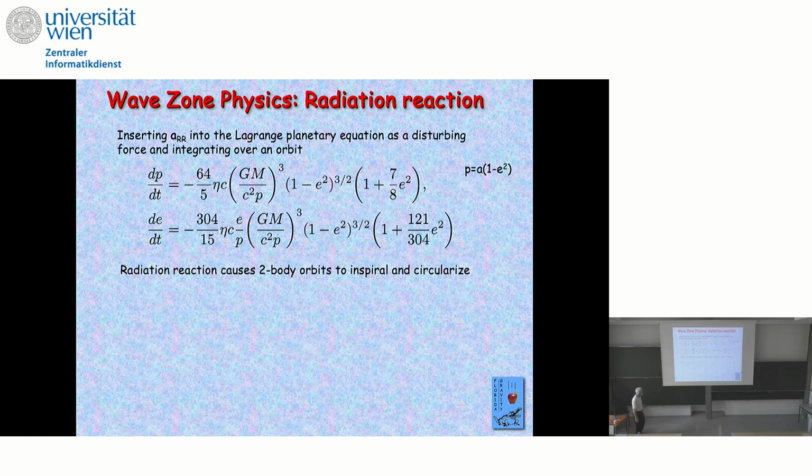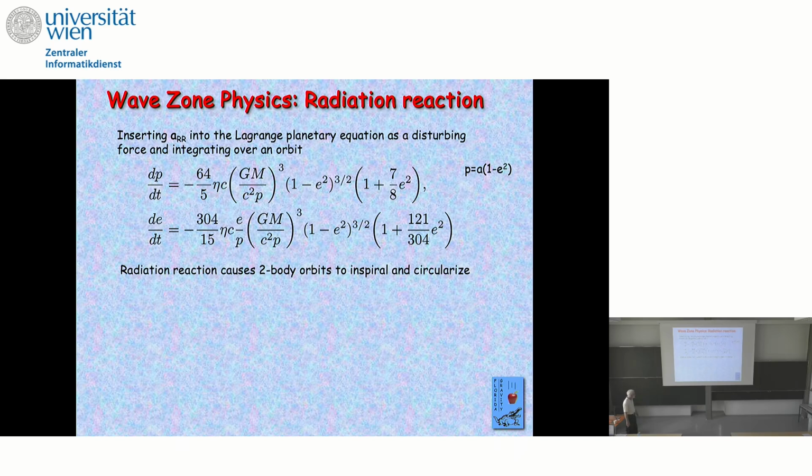You can also take averages of these things in terms of the orbit elements, the semi-major axis A and the eccentricity E of the orbit. And here I'm using something called the semi-latus rectum, which is a specific combination of these two things. It's related to the orbital angular momentum. And here are the expressions for dp/dt and dE/dt in terms of the orbit elements, E, GM over p, and so on.